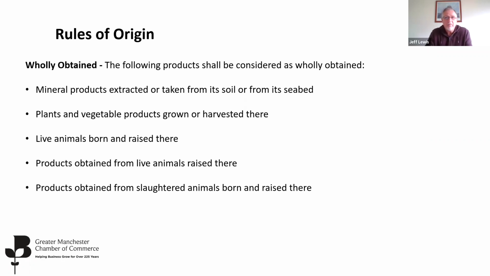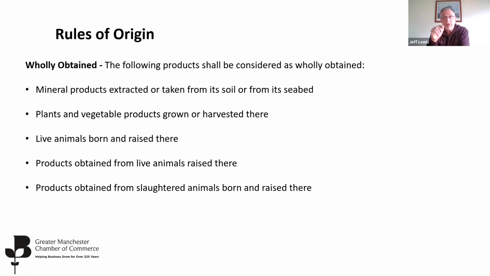People say, well, what if you import the seeds from the USA? It doesn't matter where the bulbs or the seeds in terms of plants come from, it's where the thing has grown. Same with an animal being reared in the UK. So it's basically where the growing process actually occurs.